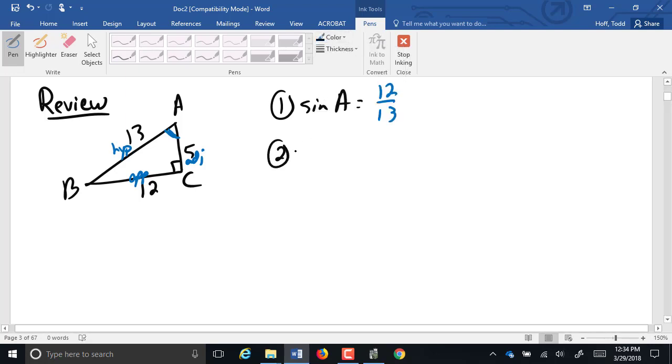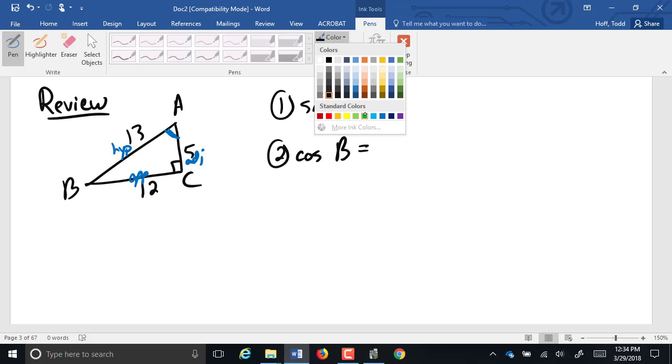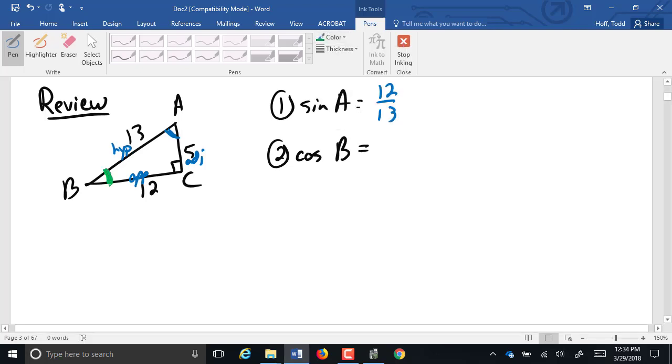What if I ask you for the cosine of B? Here's B. Now, from angle B, this would be the opposite side, and this would be the adjacent. Well, remember, cosine is adjacent over hypotenuse, right? 12 over 13.